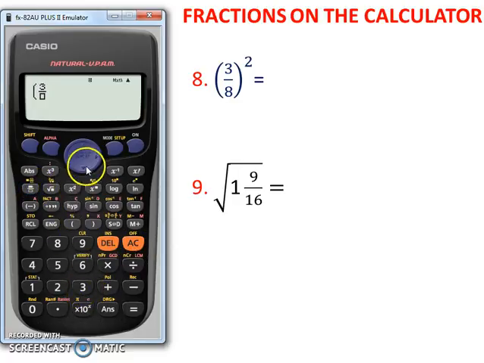So 3 arrow down 8 arrow across, and then put the other bracket, and then the squaring is here. If it was cubing, you press there, so for the power of 3, or if you want to put it to another number, you press that and then type whatever number it is in. But here we're squaring it, so we just press squared equals, and there's our answer.